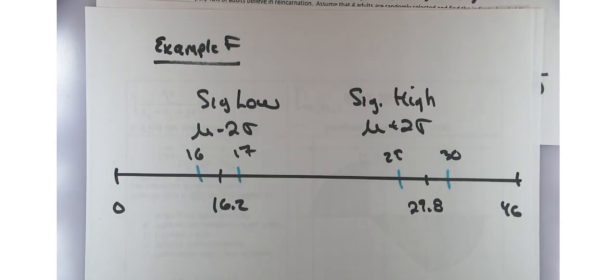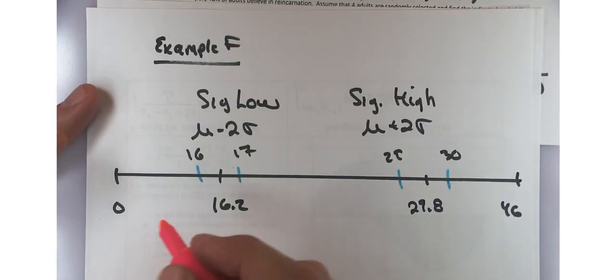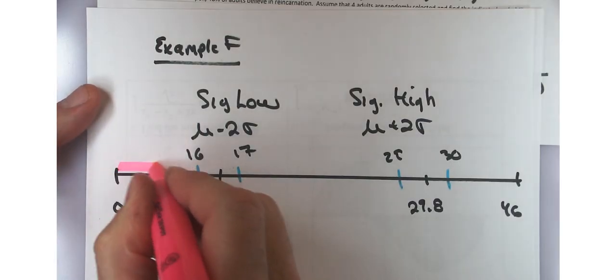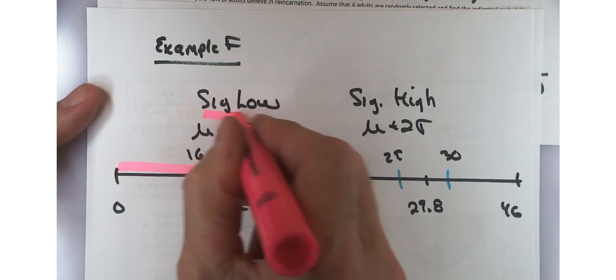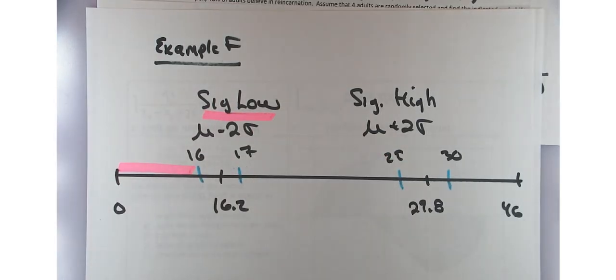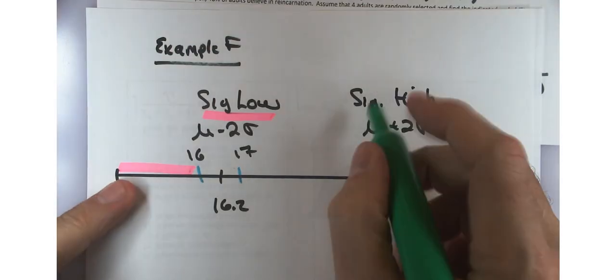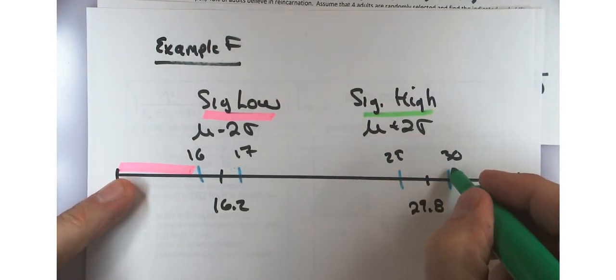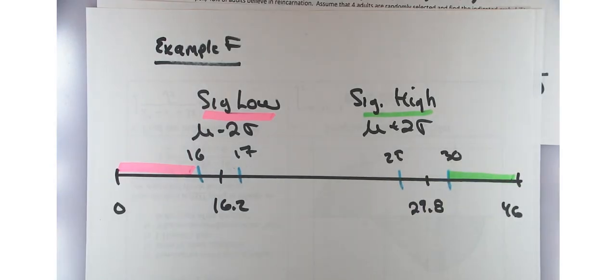Where's the significantly low start? We'll start with significantly low. Where's that going to start? 16. So that's your significantly low right there. Likewise, significantly high, where's that going to start? Yeah, it's going to start at 30. So those are the values that are significantly high and significantly low. You have to go up to the next integer that separates.